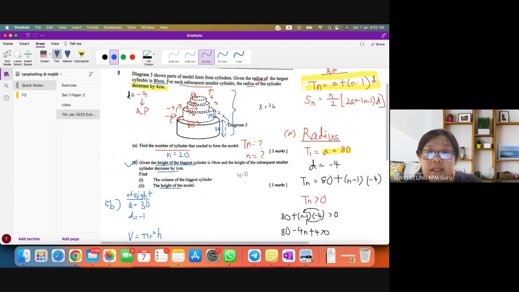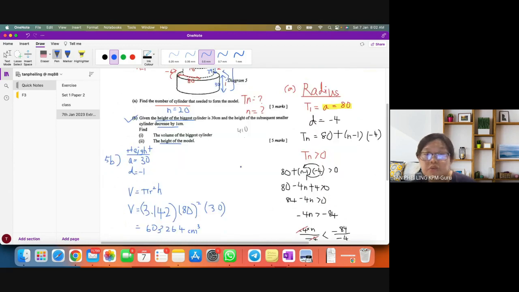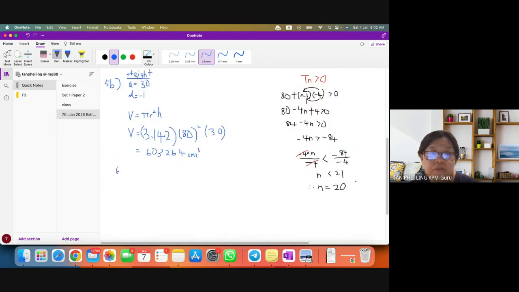First thing is 30, then add on 29, and then 28, 27, 26. So just now we know that there are a total of 20 of them. Am I right? So just restate our part 2 where our n is actually 20, and then we have our A, we have our D. So here you need another interpretation: this is actually asking for the total height, which means they want the sum of the 20 models.